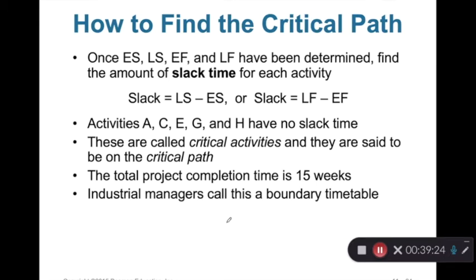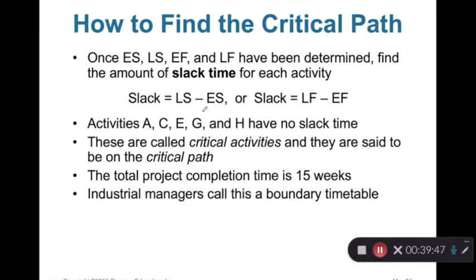But right now, we're going to reach the concept of slack time. We want to calculate the slack, and then we can figure out the critical activities. If the slack time is 0, that activity is critical. So this is the general idea. How do we calculate slack?